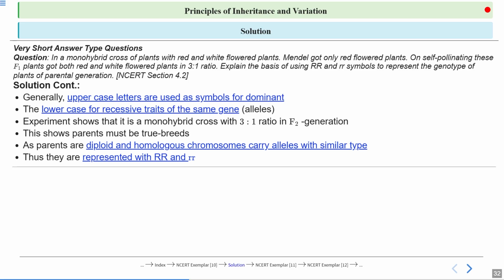So how are they represented? One of the parents is represented as capital R, capital R, which will have red color flowers, and the other parent will be small r, small r, which will have white flowers. So both of them are homozygous. Both of them are true breeding lines. Okay, clear?